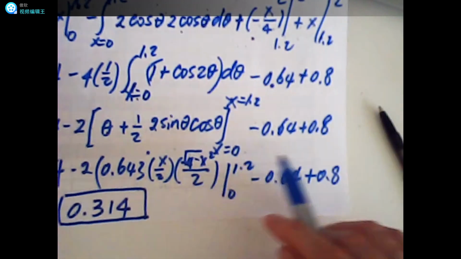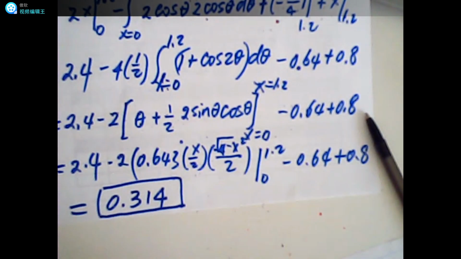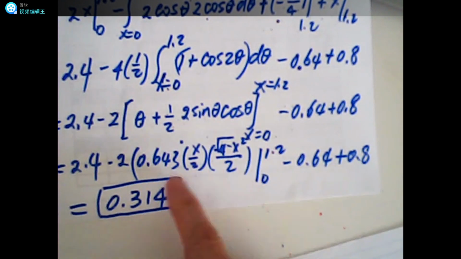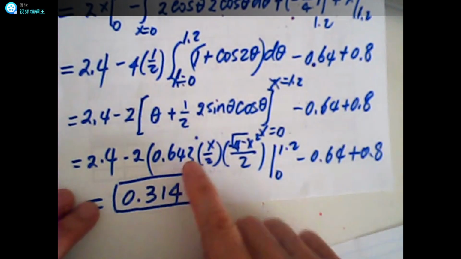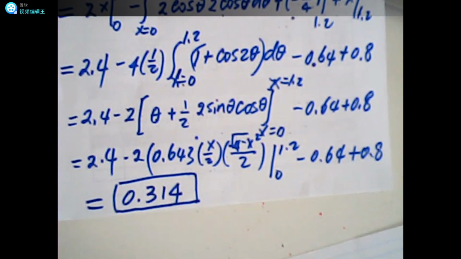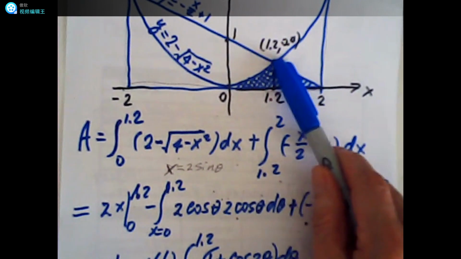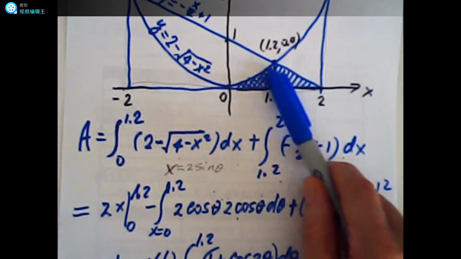Well, excuse me for skipping the calculations here. You can do it according to this very easily. So the result is 0.314 for this area. Okay.